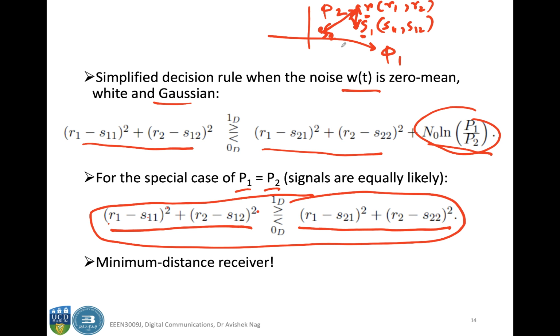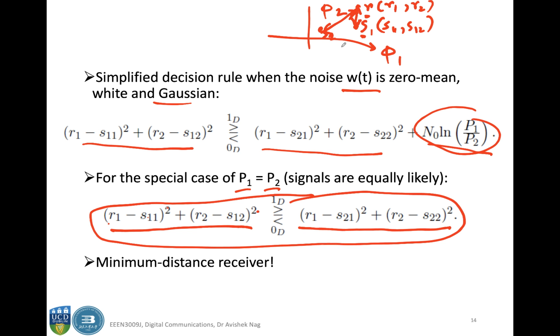Okay, so you can see how nicely the time domain signals, if they are represented in signal space, then just by calculating the distance of the received signal from the transmitted signals in the signal space, you can decide which signal was transmitted based on the minimum distance.